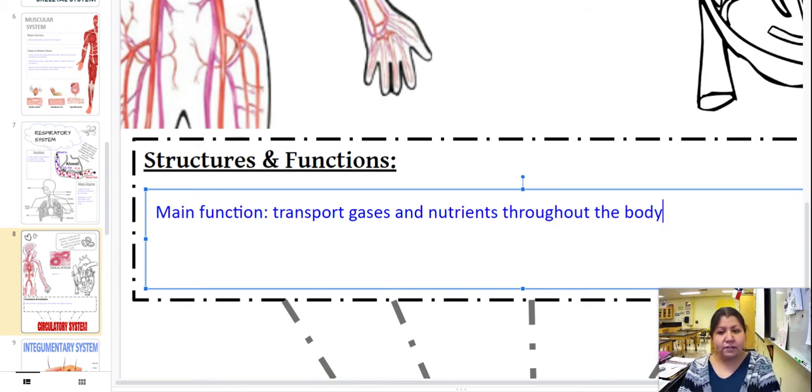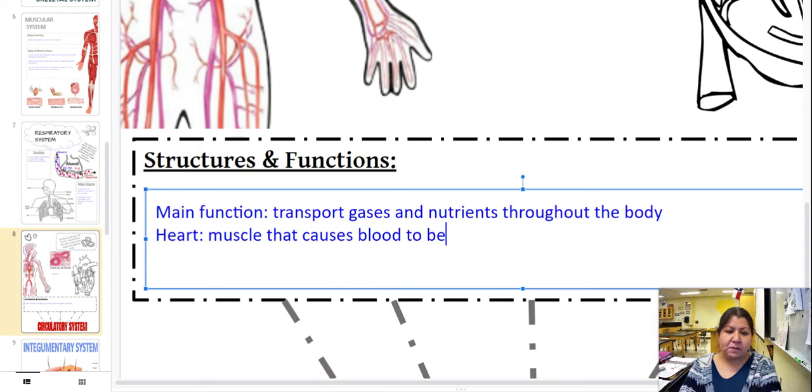So, a couple of the major organs: we have our heart. This is our muscle that causes blood to be pumped through the body. And then we have a lot of vessels.